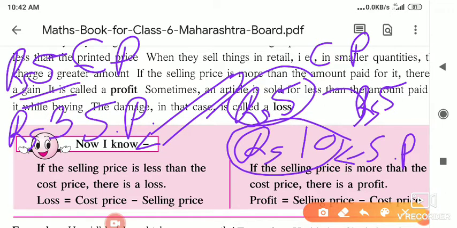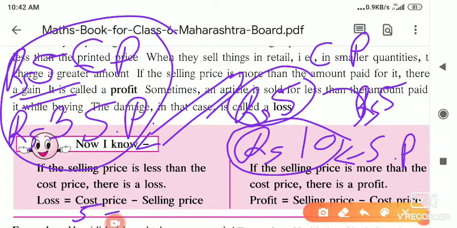Loss is equal to CP minus SP. One thing we have to keep in mind: if CP is greater, there is a loss. If SP is greater, there is a profit. So CP is greater here. How much loss was there in this transaction? That is 5 minus 3 equals 2 rupees. So I have a loss of 2 rupees.